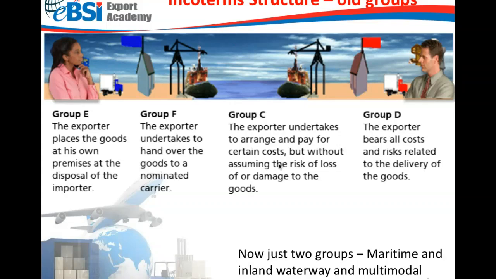And then with Group C, the exporter undertakes to arrange and pay for certain costs, but without assuming the risk of loss or damage to the goods, primarily the transport costs. And then, of course, Group D, where the exporter bore all costs and risks related to the delivery of the goods. Now, there are just two groups. There's the maritime and inland waterway group and the multimodal transport ones.